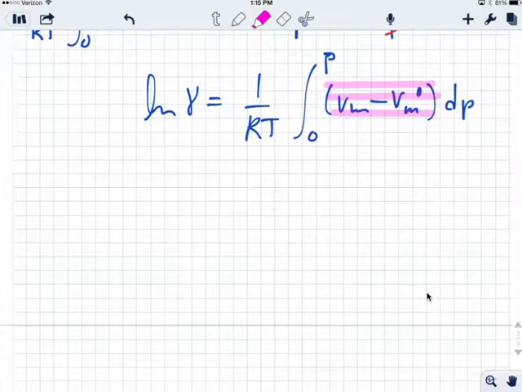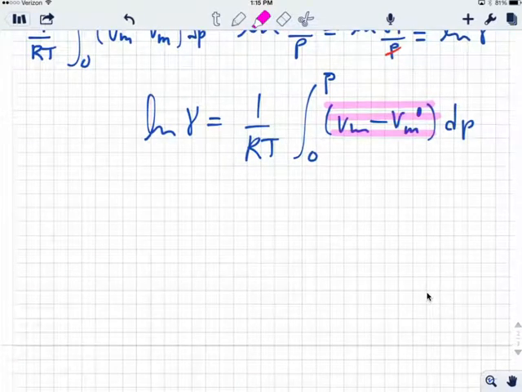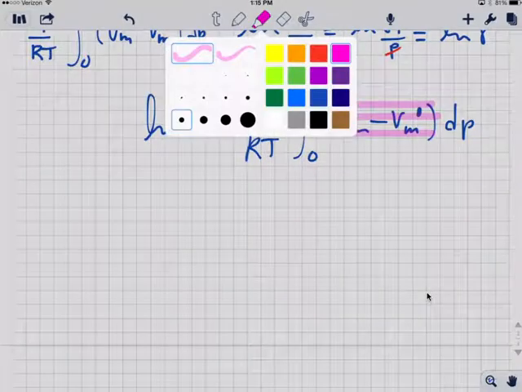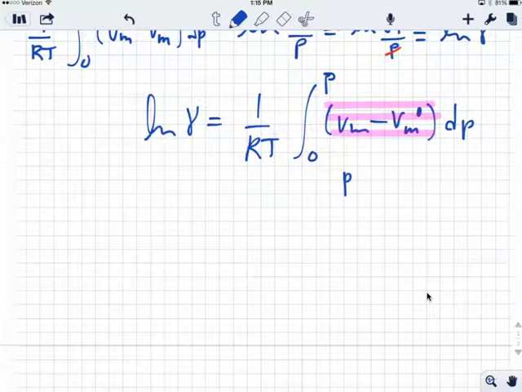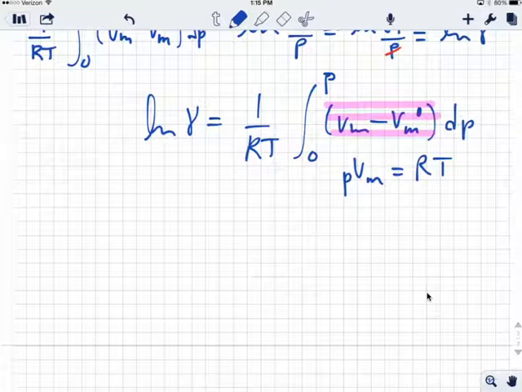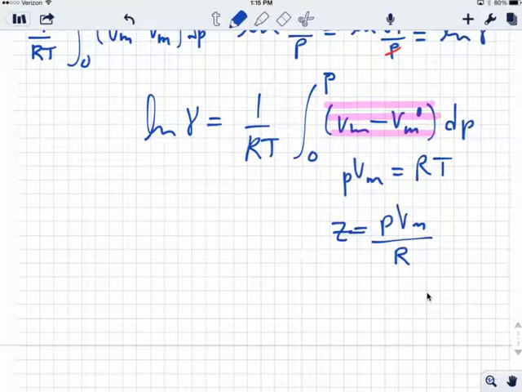Well, we know something about the ideal gas molar volume. We know that PVm equals RT. We also know that Z for a real gas is defined as pressure times molar volume over RT.